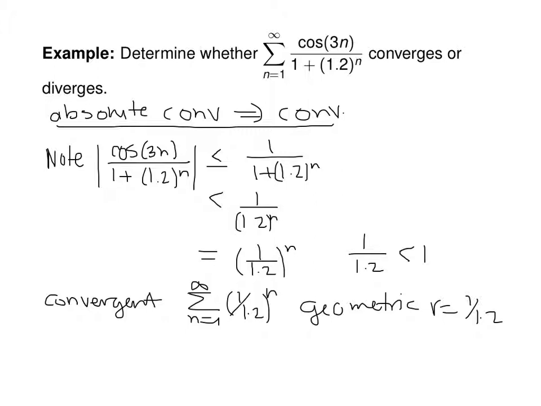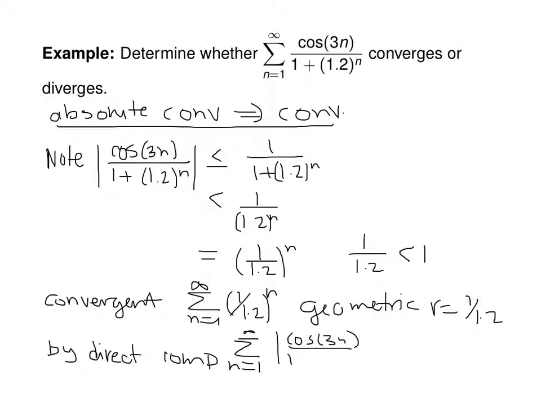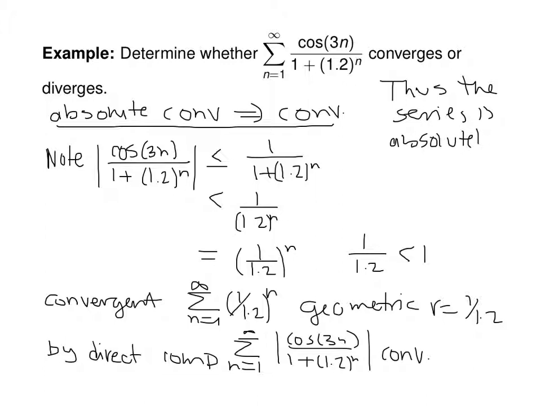So that's a geometric series, and by direct comparison, the sum from n equals 1 to infinity of cosine 3n over 1 plus 1.2 to the n converges. And so thus the series is absolutely convergent, and therefore convergent.